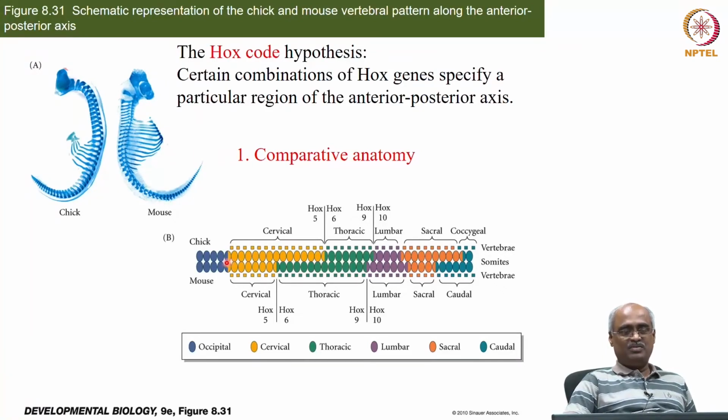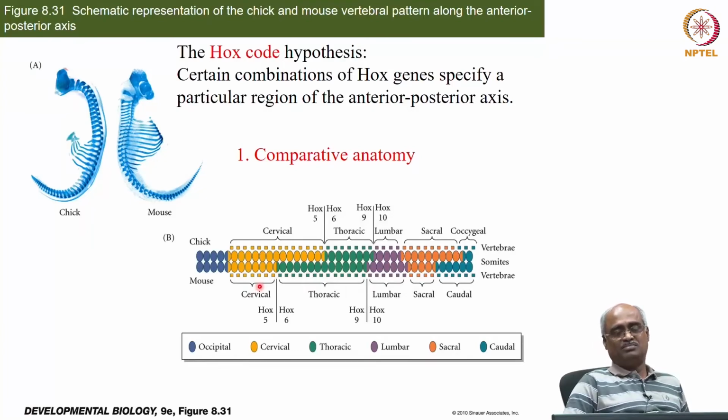You need to remember here the total length remains the same, the number of vertebrae are the same. It is just that either you have a situation where the cervical vertebrae are converted into thoracic, or the other way, depending on which one is your starting reference, whether it's mouse or chick.